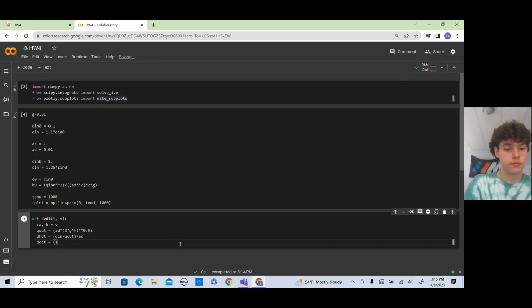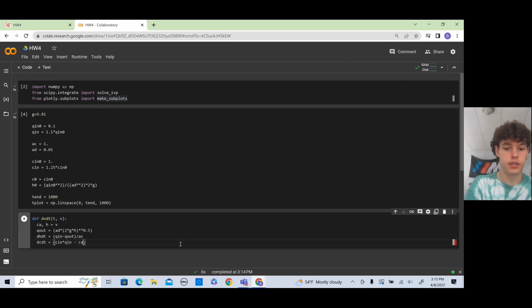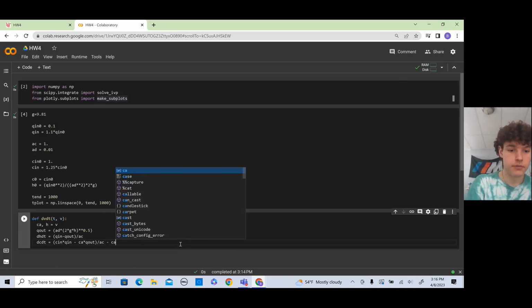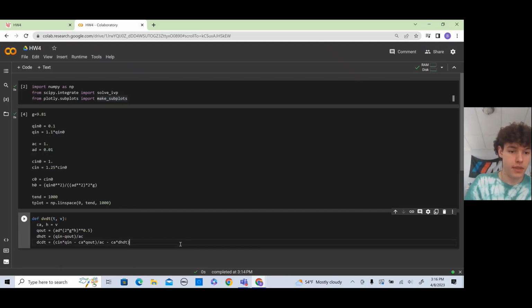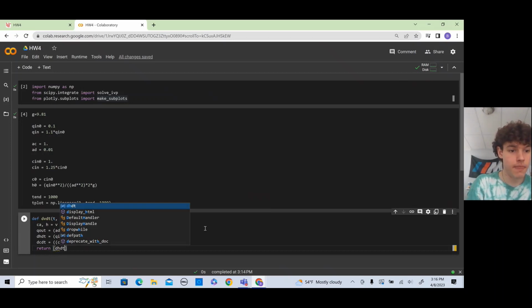So we'll get our C in times our Q in minus our concentration times our Q out, because it's well mixed, meaning the concentration in the tank will be our concentration going out, divided by AC, and then minus our concentration again, times dH dt, and this all will be divided by H, and then from this we will return our dC dt first and our dH dt second.